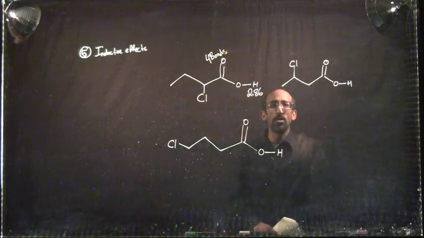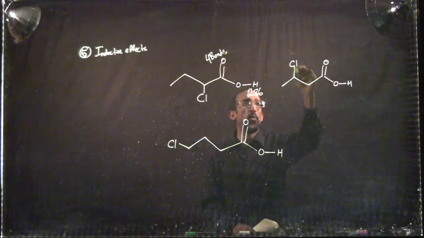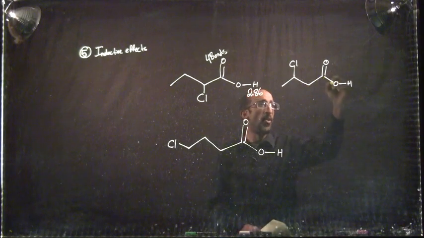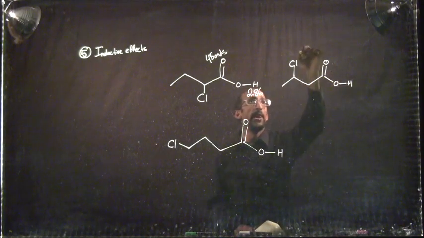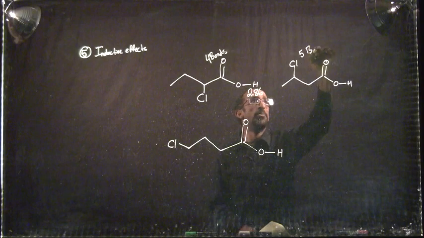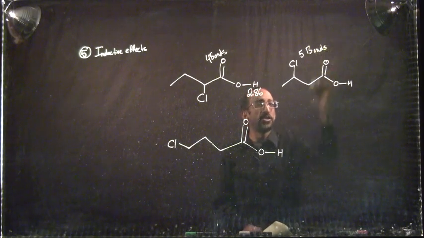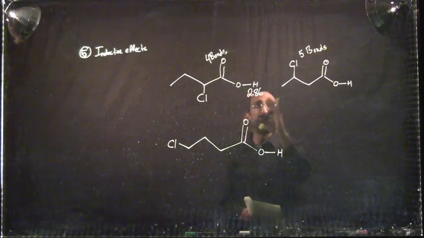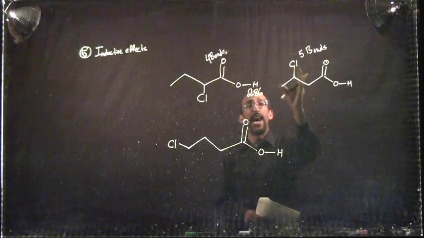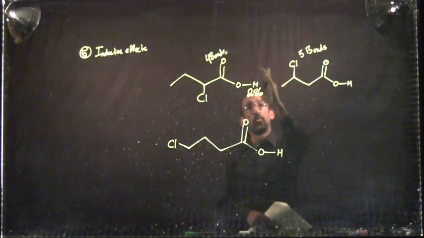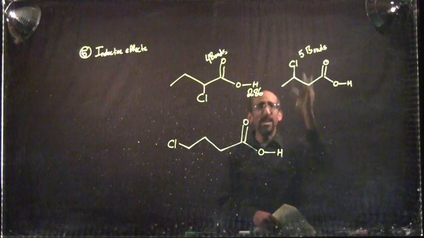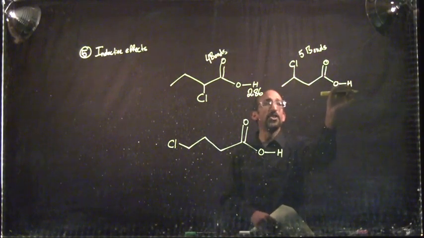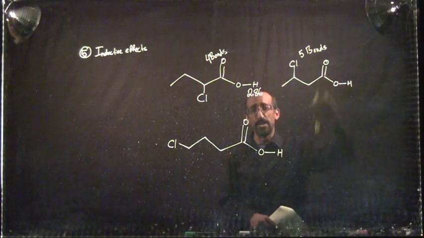When I move to 3-chlorobutyric acid, I have 1, 2, 3, 4, 5 bonds between my electronegative group and my acidic hydrogen. And what we find is, because we've moved that electronegative group 1 more bond away, its overall effect on the strength of our oxygen-hydrogen bond decreases, right?